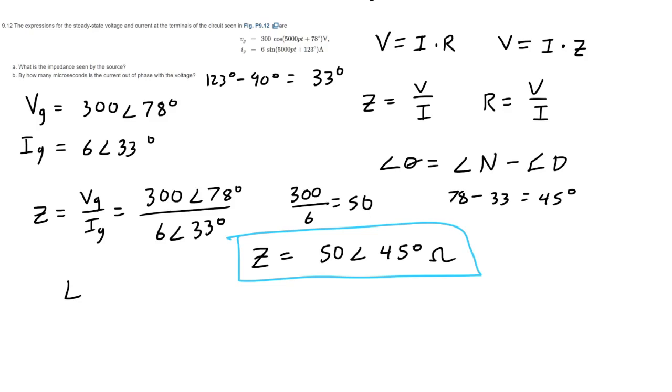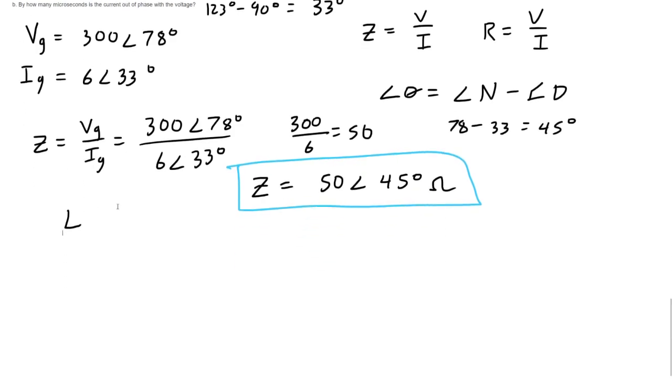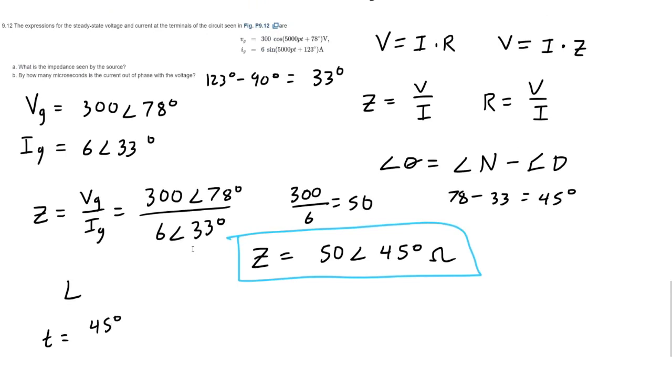And we want to find out how many microseconds the current is out of phase with the voltage. Well, what is our frequency? Our angular frequency is 5,000. Okay, so omega is 5,000 radians per second.